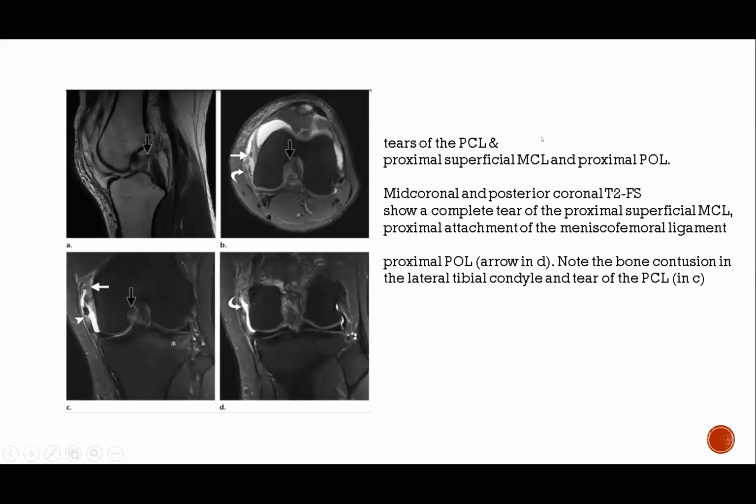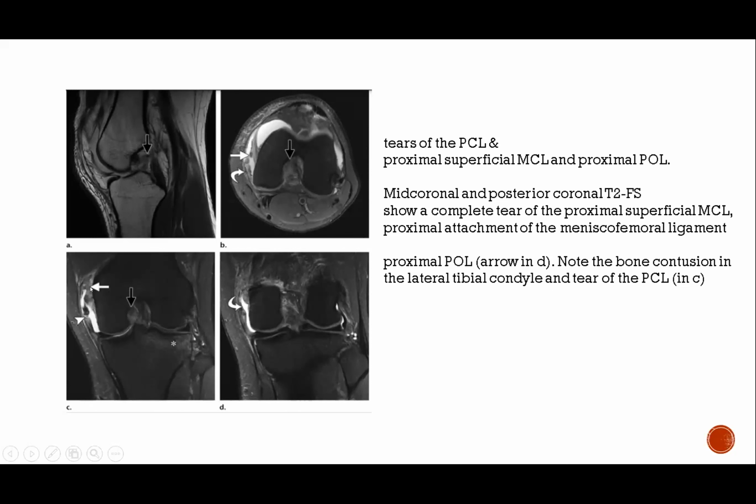So this is the image where image B shows tears of the superficial MCL and proximal POL. This is the case of PCL.